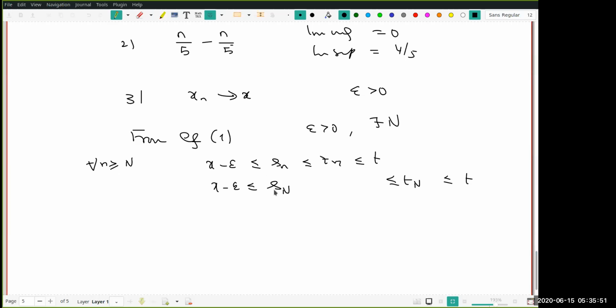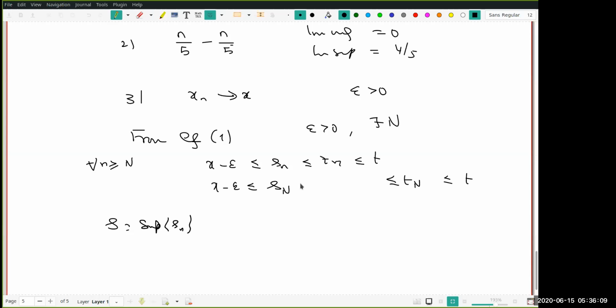Now, what is the relation between Sn and S, the lim inf? Remember, lim inf is the supremum of Sn.